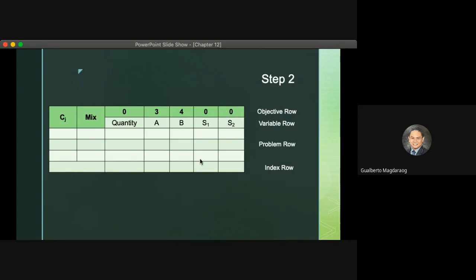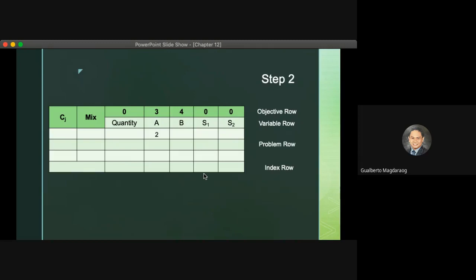Dapat walang positive value, either 0 or negative lang. Hanggat merong positive value, aside from 0, ibig sabihin lang nun, hindi pa natin nare-reach yung maximum combination or the appropriate combinations of quantity to arrive at the maximum contribution margin.